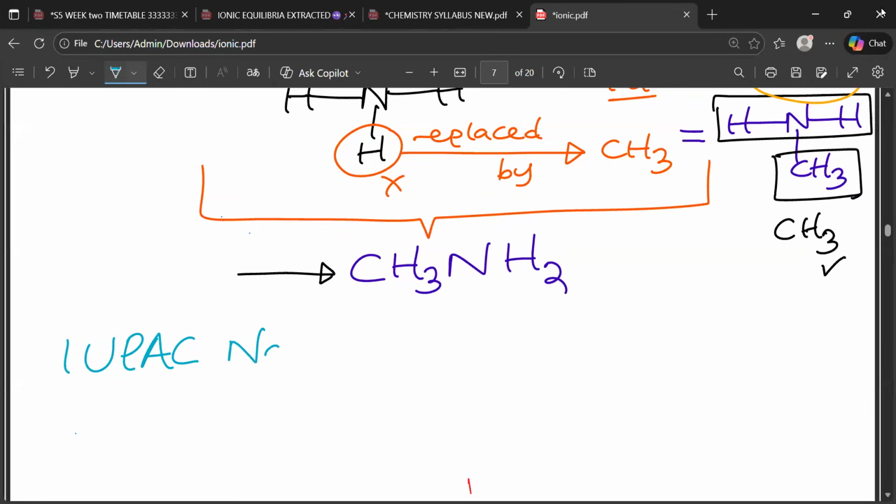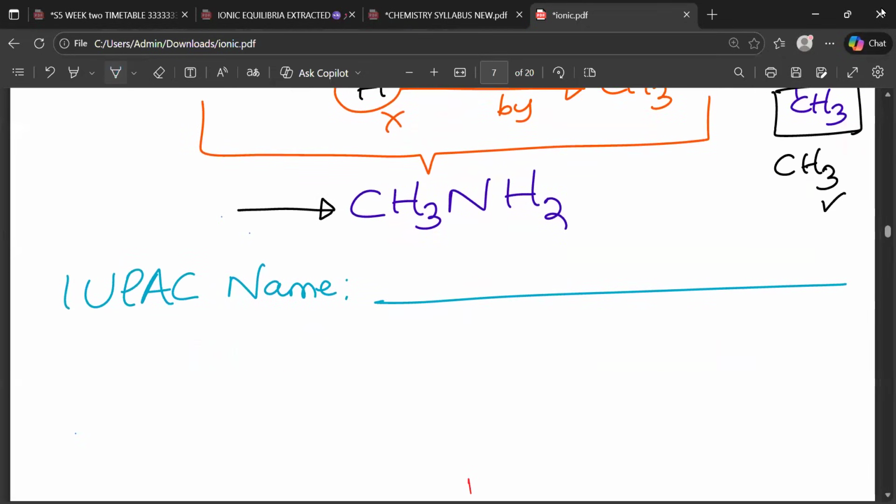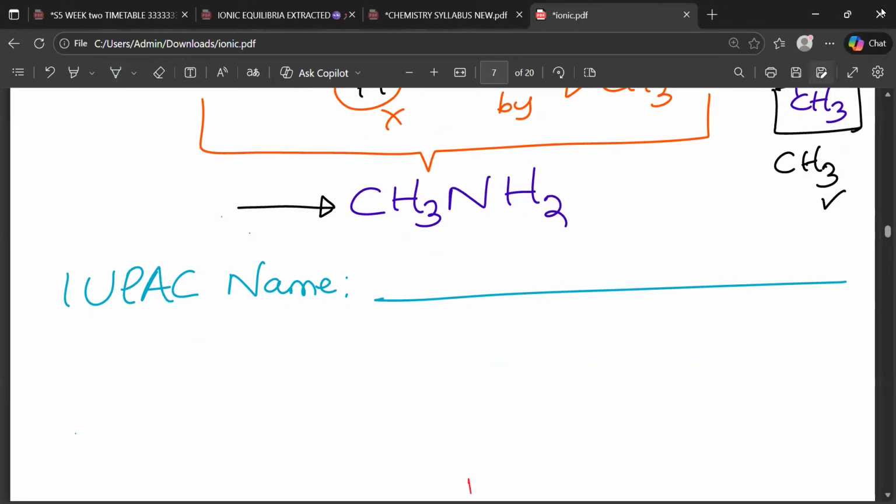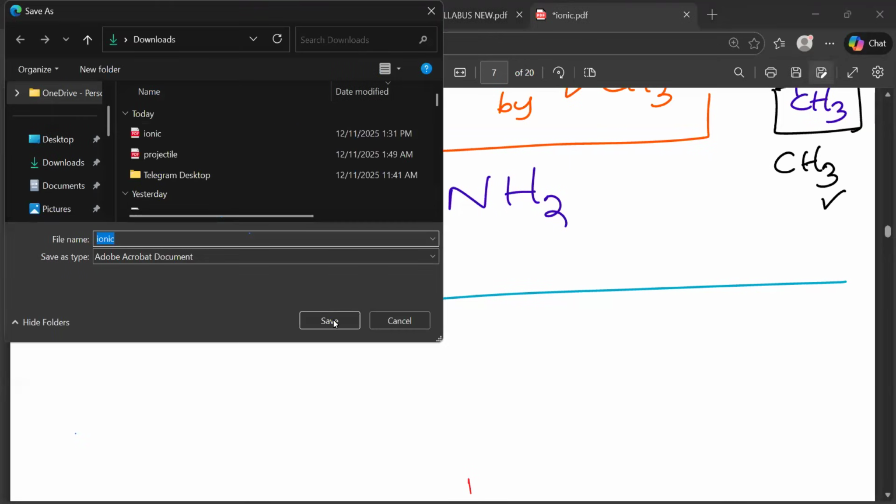IUPAC name. I'm going to give you the simplest hint.